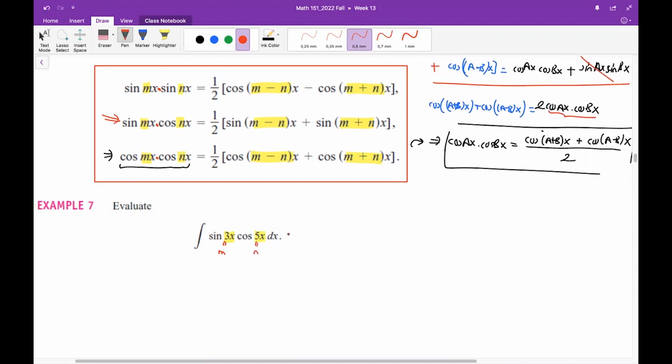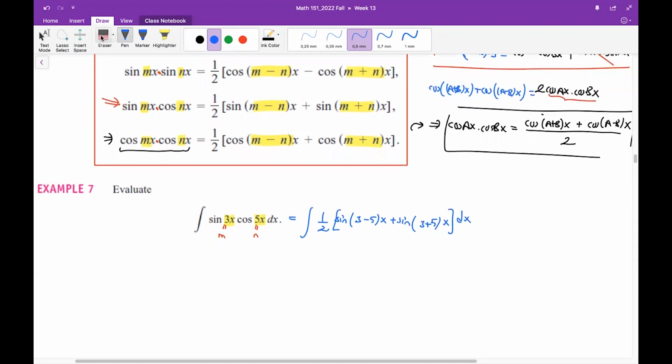You can rewrite it, looking at the right-hand side given in the formula, as 1 over 2 times the integral of sine of (m minus n)x, that is sine of (3 minus 5)x, plus sine of (m plus n)x, dx.